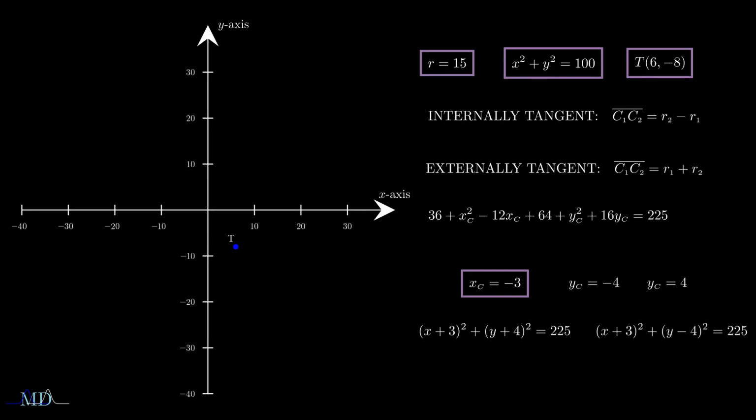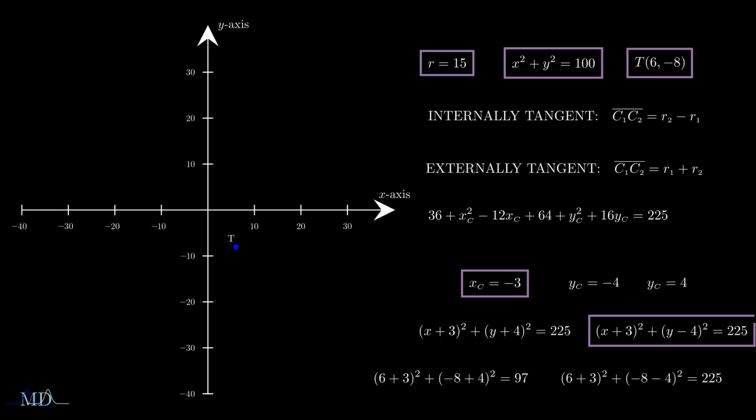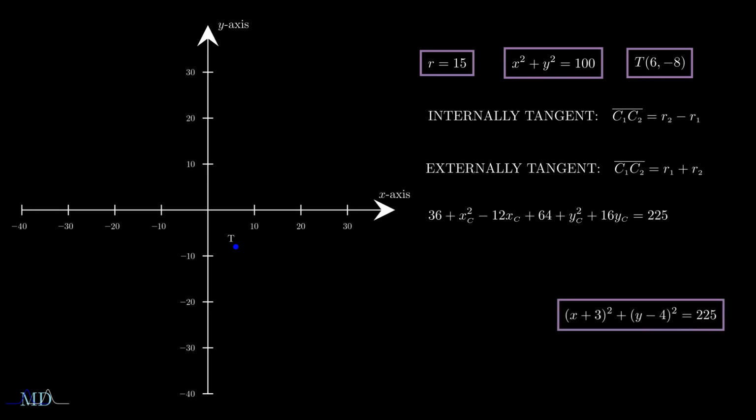And the other equation x plus 3 squared plus y minus 4 squared equals 225. If we insert the coordinates of the point T into the two equations, we can see that only the second circle passes through the point T. Therefore y equals 4 is the solution we are looking for.